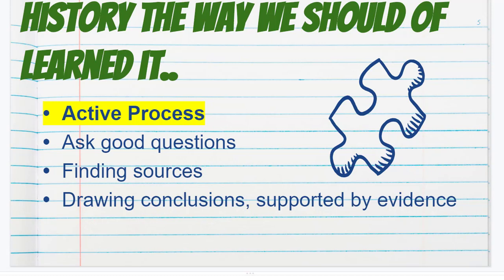In a lot of our assignments, I'm going to ask you to ask questions, make observations, look at different sources, finding and analyzing sources, and we'll talk about the different types of sources that we use. In history class, primarily, we look at primary sources as well as secondary sources. Once we look at those sources, then we draw our conclusions, right?